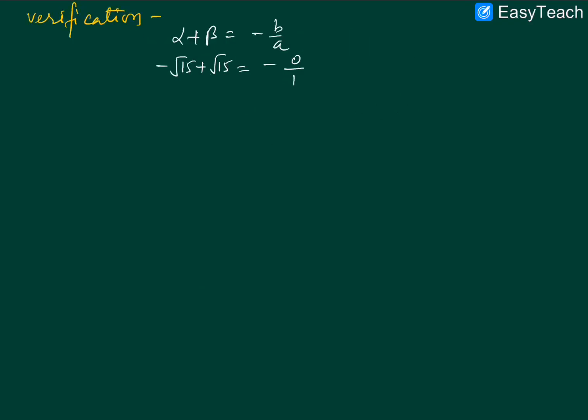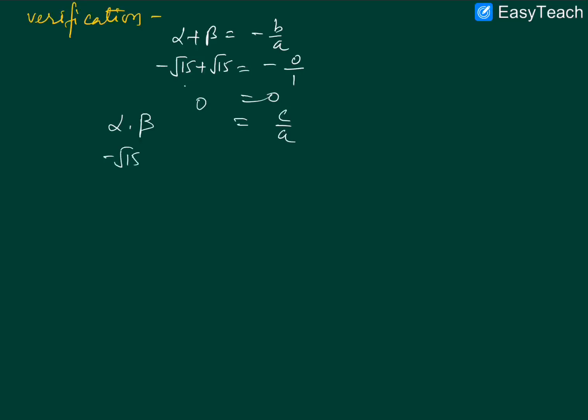आते हैं इसके वेरिफिकेशन पार्ट पर. Alpha plus beta is equal to minus b by a. Here alpha is minus root 15 and beta is root 15. b is 0 and a is 1. So, we get 0 is equal to 0. Similarly, product of zeros, alpha into beta, is equal to c by a.